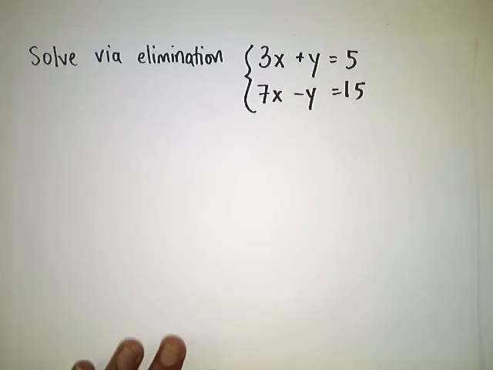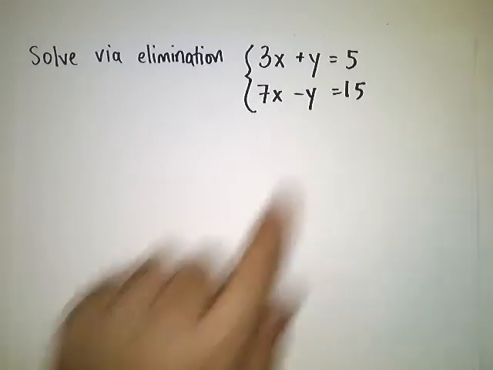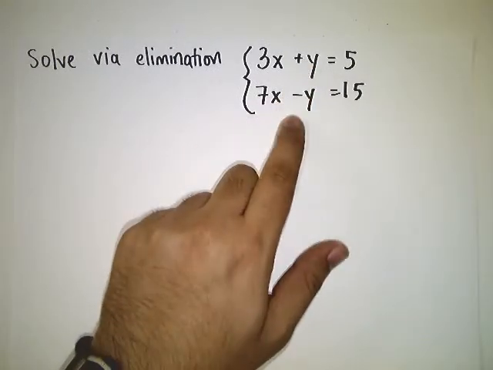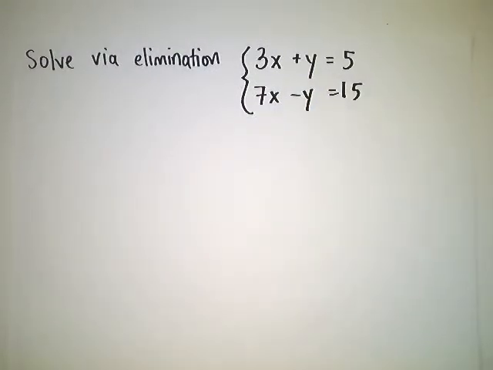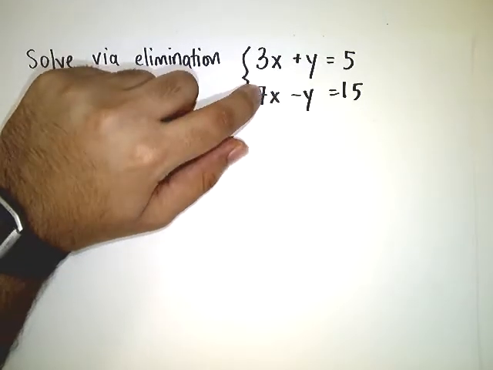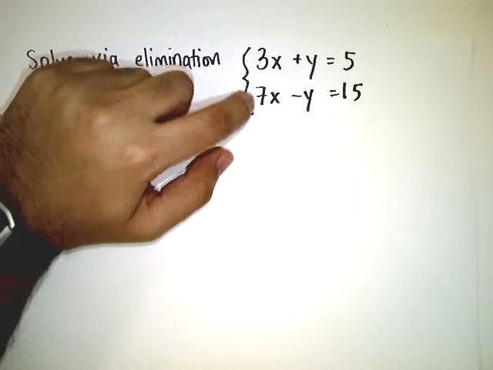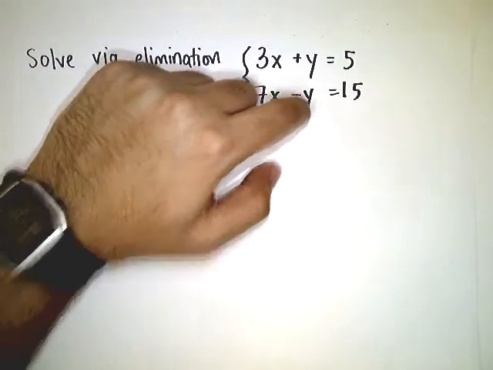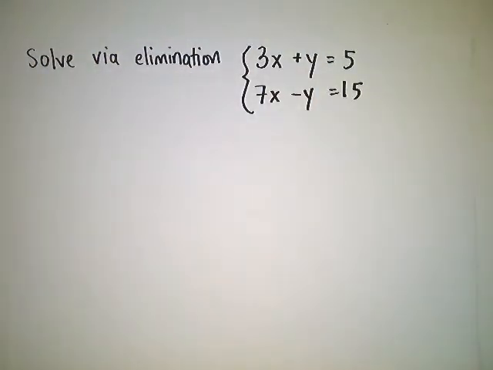Now what you can see here is that positive y and negative y differ only in sign. 3x and 7x have the same sign, but they differ in their actual coefficient as well. This is 3, this is 7. But positive y and negative y already differ only in sign.